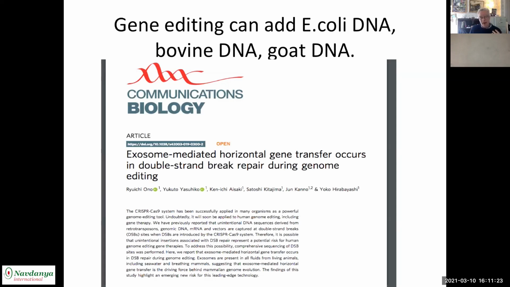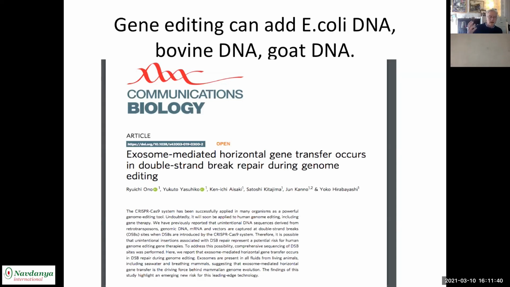They scratched their heads for quite a while, wondering where all this DNA came from that they didn't intend to put into these cells. And it's now ended up in these cells at the editing site and at different places in the genome. And it turned out that they're contaminants of the process used.